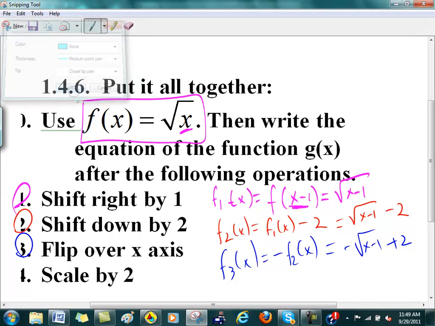Yellow doesn't show up too well. I'm not sure if it'll show up on my screen here. So, next one. Where are we? Mariam. F4.